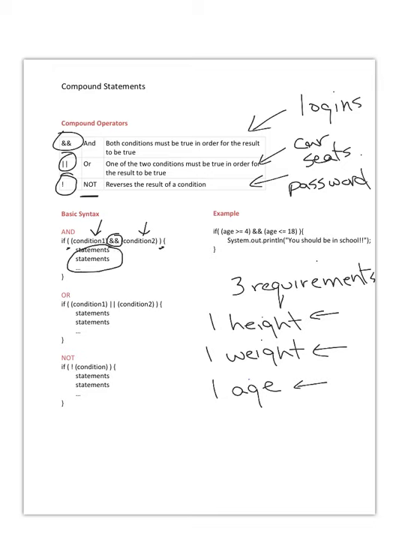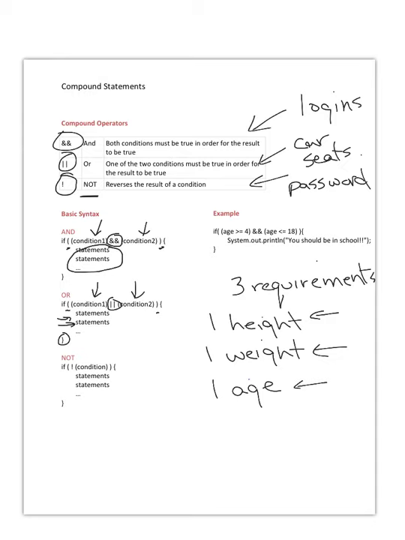In an or, you have exactly the same requirements. There's your if, the opening and closing of the if statement, and then a condition plus the or in between, and then any statements that you want to perform are listed below. Don't forget to close your bracket at the end of it.